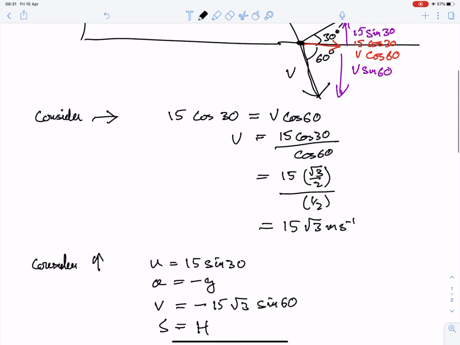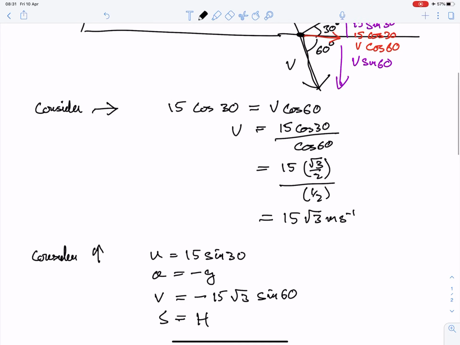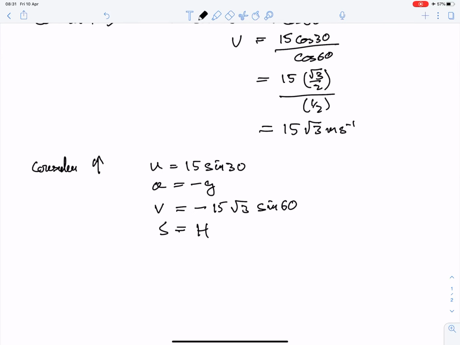So what equation are we going to use? We're going to use V squared equals U squared plus 2AS. Let's substitute in.